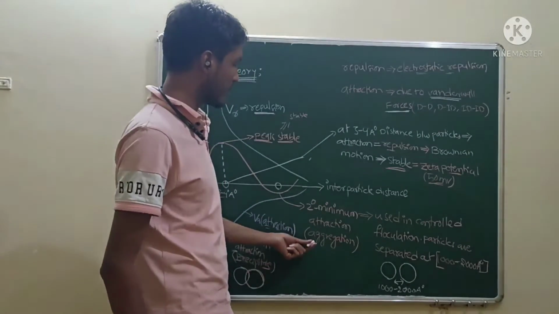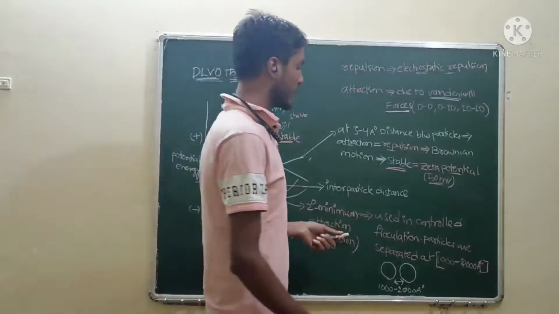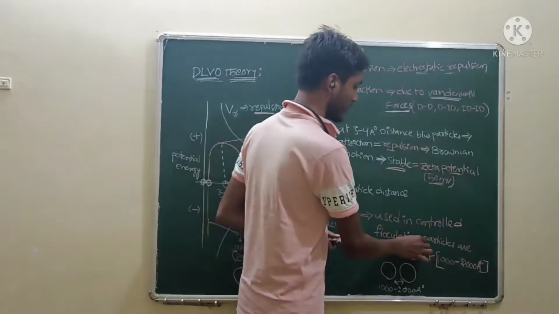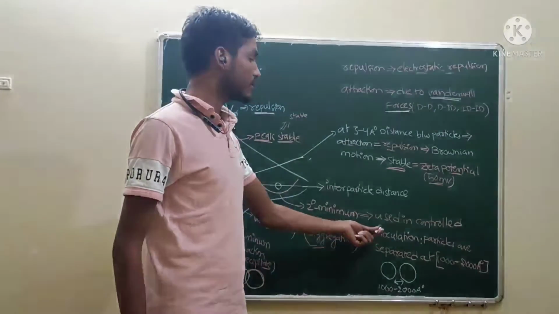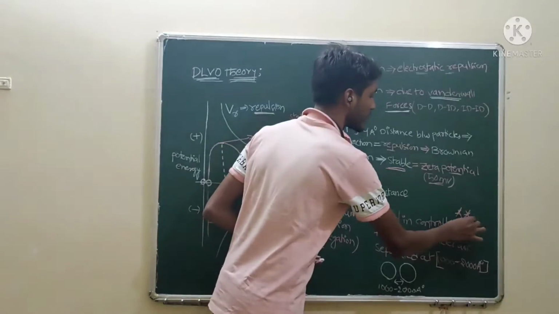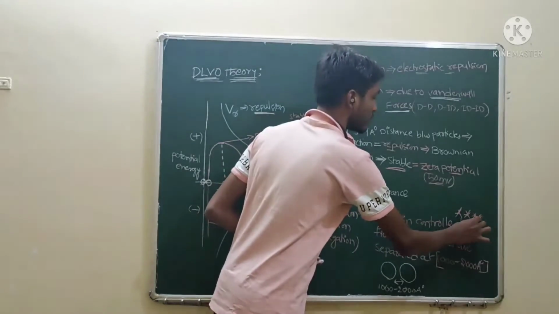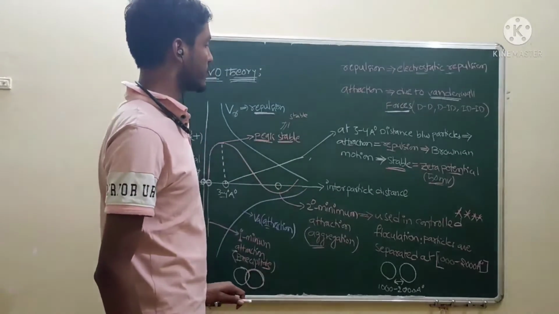This is due to attraction and leads to aggregation of particles. The secondary minimum is majorly used in the control of flocculation.